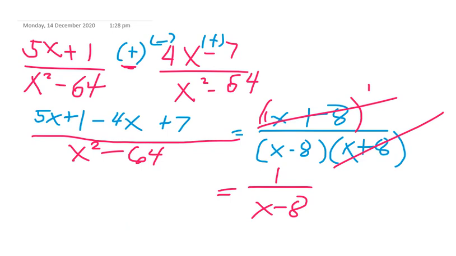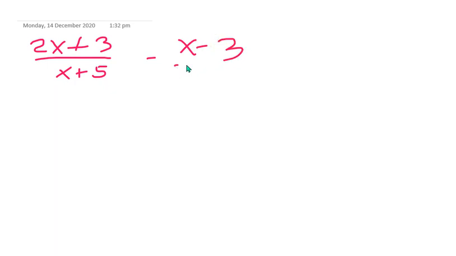And to subtract rational expressions. Okay, another. So, if we have 2x plus 3 over x plus 5 minus x minus 3 over x plus 5.